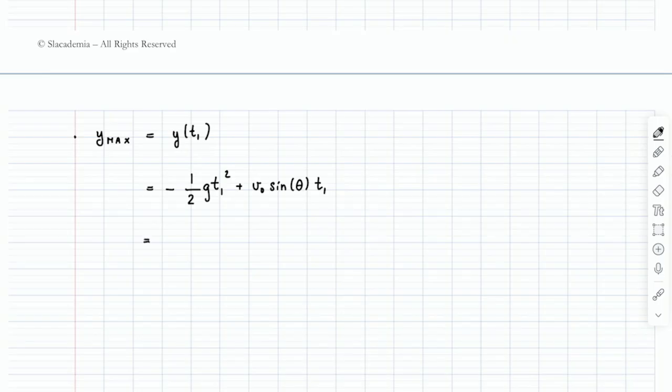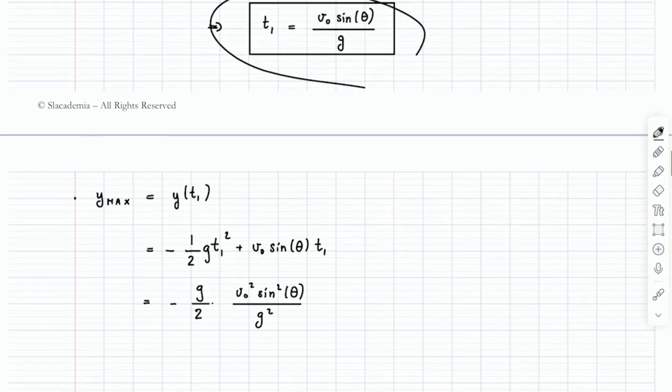Okay, well, we just found t1, right? So this is minus g over 2. t1 squared is going to be v naught squared sine squared of theta divided by g squared. Comes from here, yeah? Okay, if you have ab over c and you square it, you get a squared b squared over c squared.